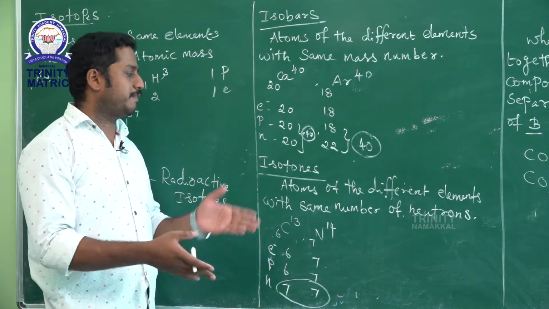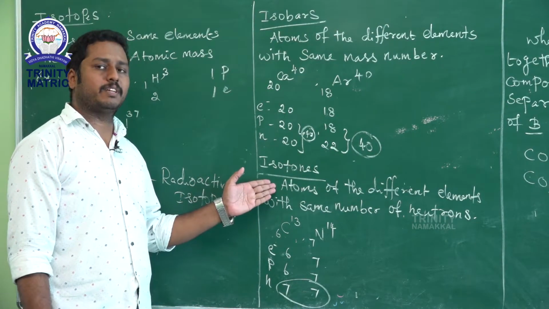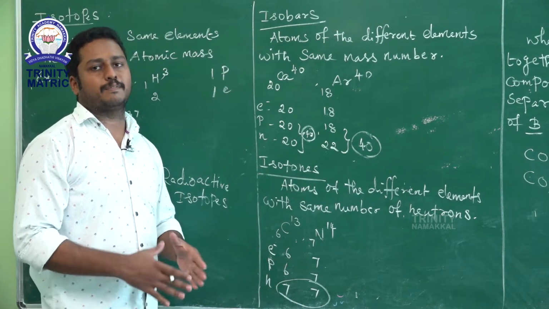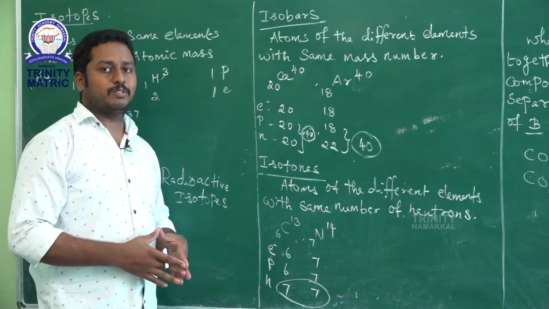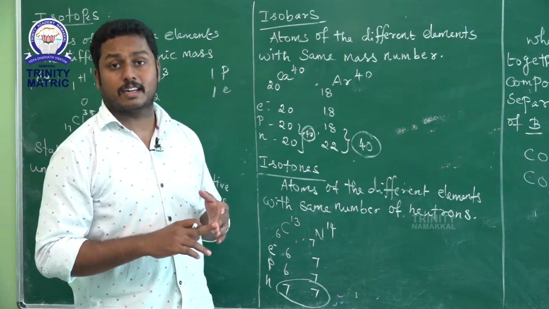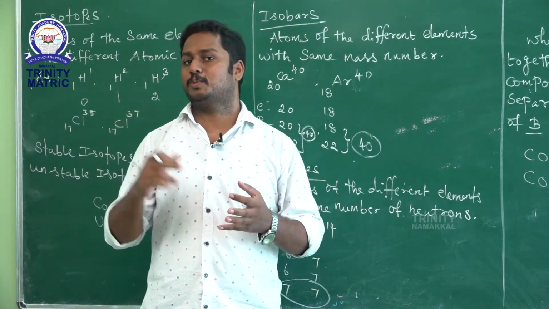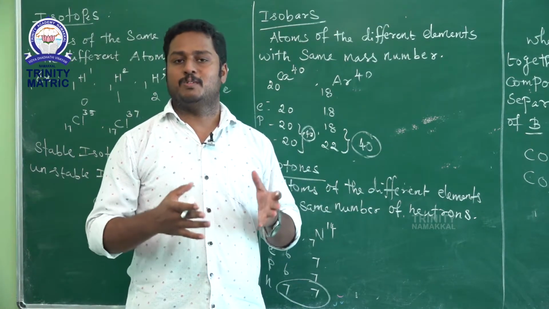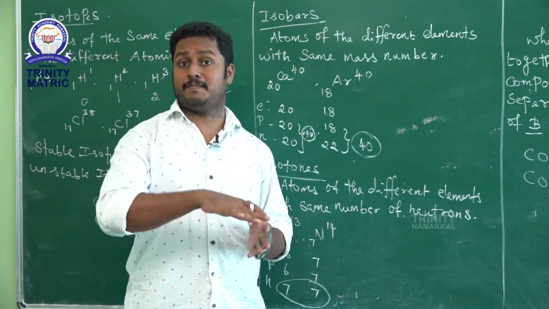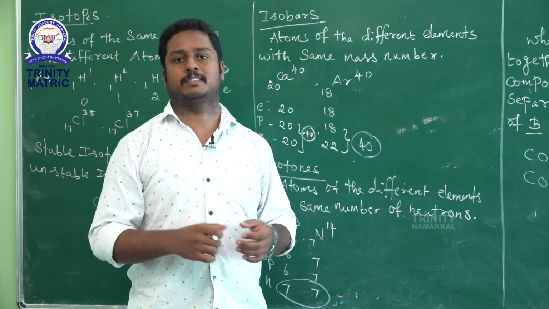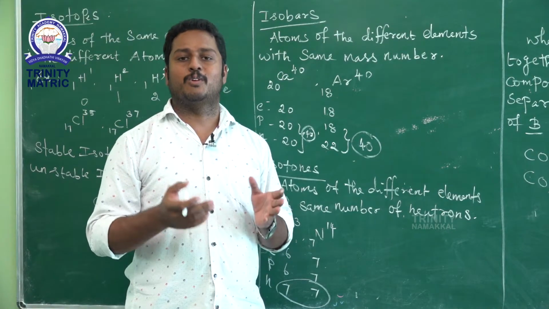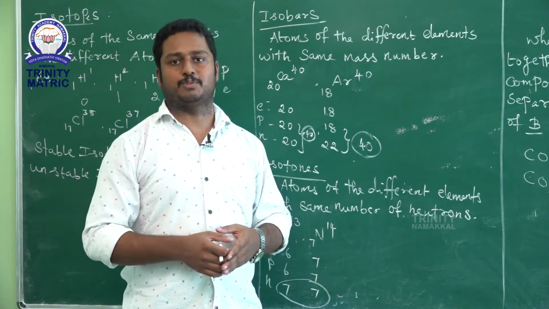That is why they are called isotones. Atoms of different elements with the same number of neutrons are isotones. So these are the three important things: isobars, isotopes and isotones. Isotopes are atoms of the same element with different mass numbers. Isobars are atoms of different elements with the same mass number. Isotones are atoms of different elements with an equal number of neutrons.